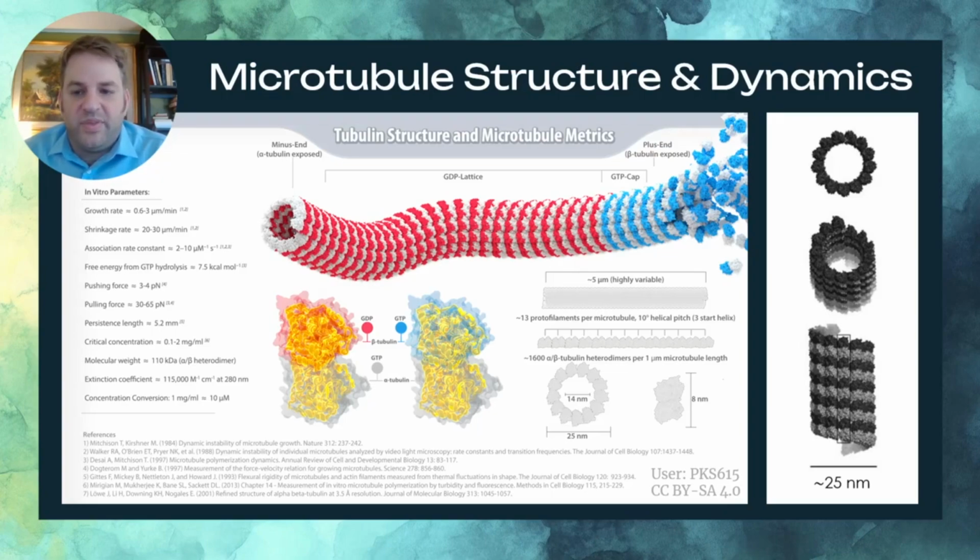I'll talk a bit more about that in a moment. You can also see roughly the width of the microtubule here on this slide, and I'm very grateful for the individual who posted this figure on Wikipedia because, as you can see, it's a wealth of information and references, so please feel free to look that up.